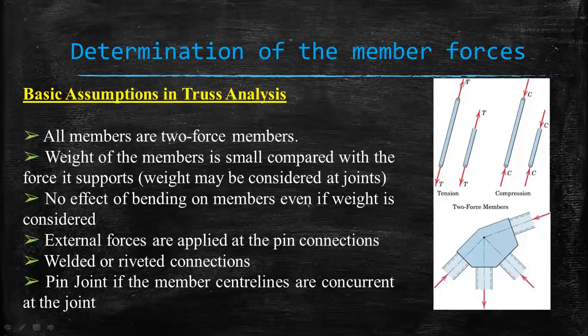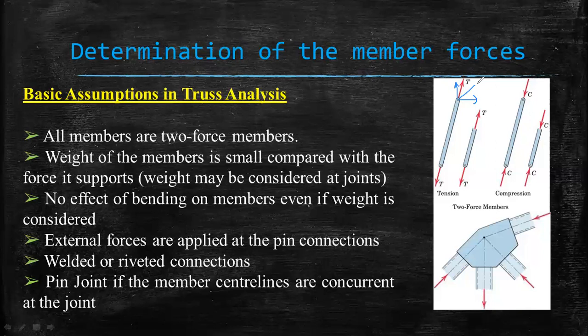Why? Because suppose there is one force in this direction, and another force in this direction. What happens if the resultant goes in this direction? Suppose I assume that the resultant is going in this direction. What will happen?